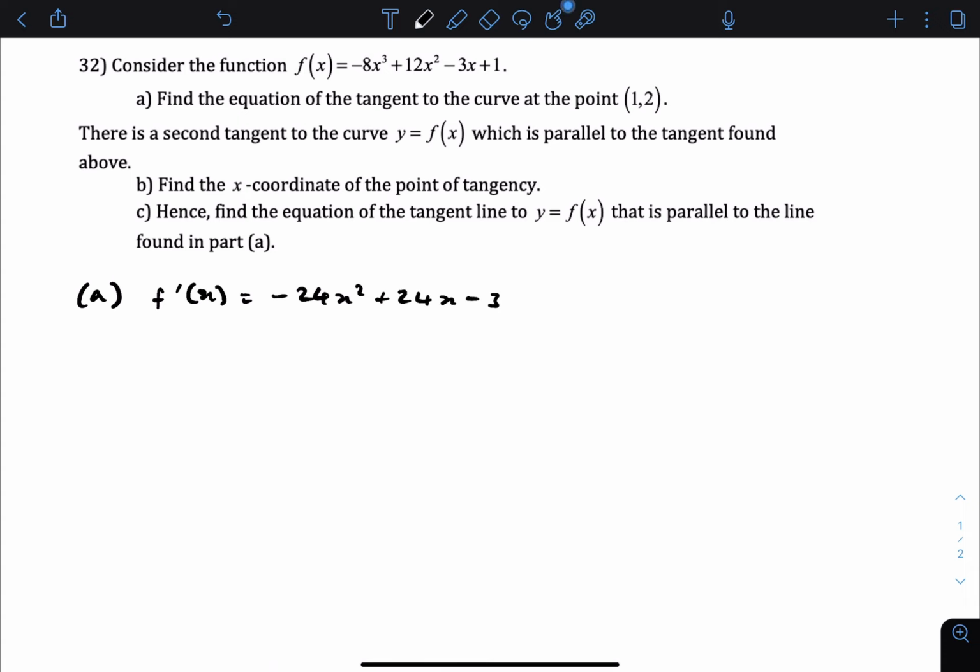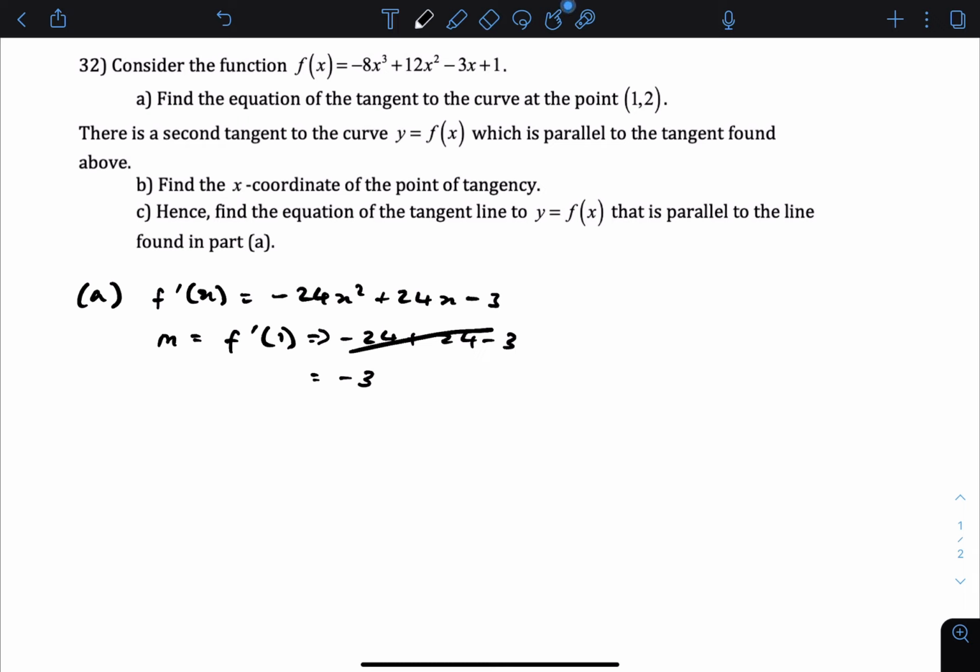And all we have to do to find the gradient is substitute our x value into the derivative function. So we get negative 24 plus 24 minus 3, which is obviously equal to negative 3 as these cancel out.